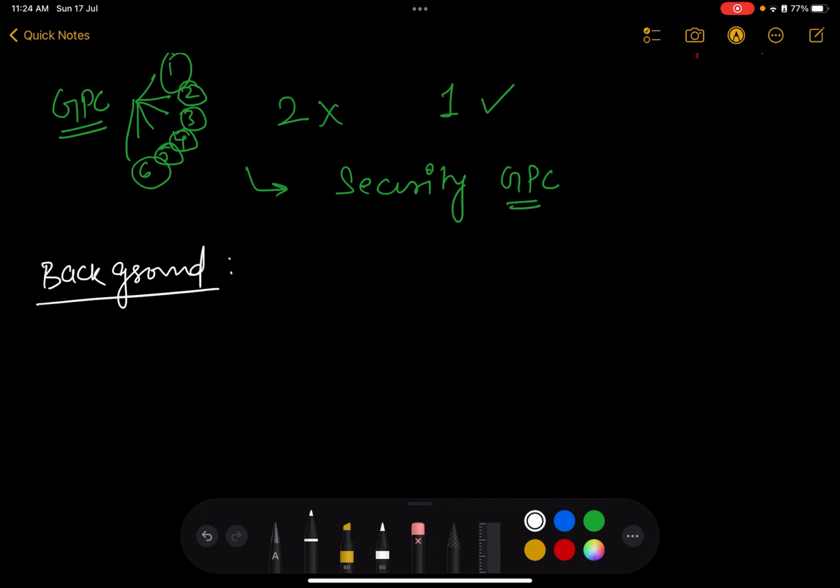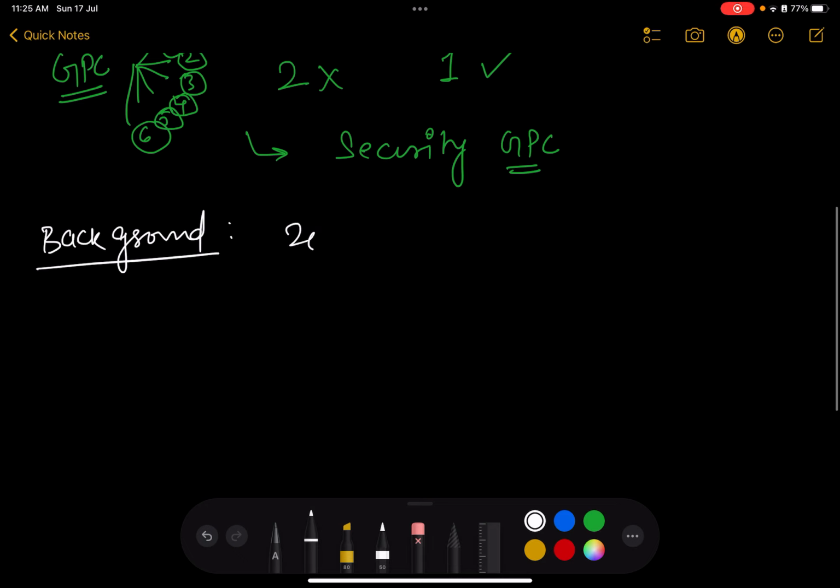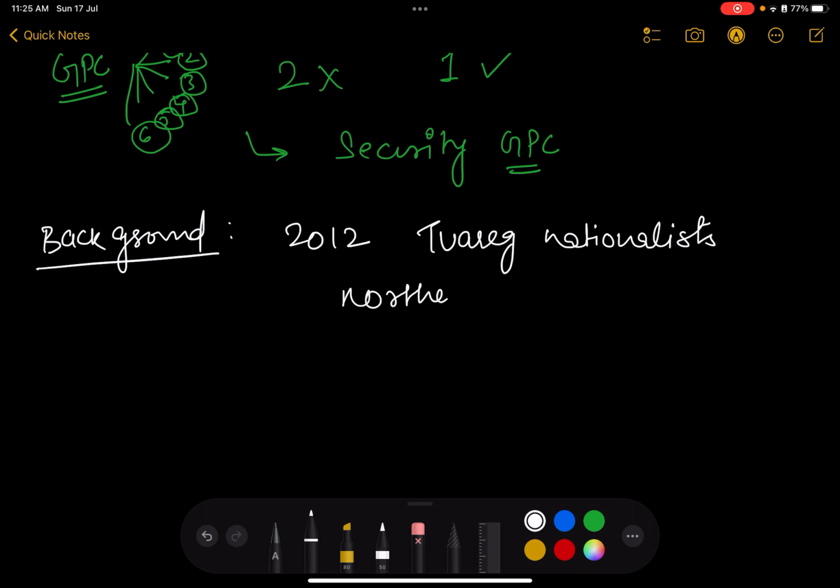So in terms of the situation in Mali, it started in 2012 when Tuareg nationalists in northern Mali, which is the country next to Mauritania, started a rebellion together with other extremist Islamic groups in northern Mali, and established their own states.